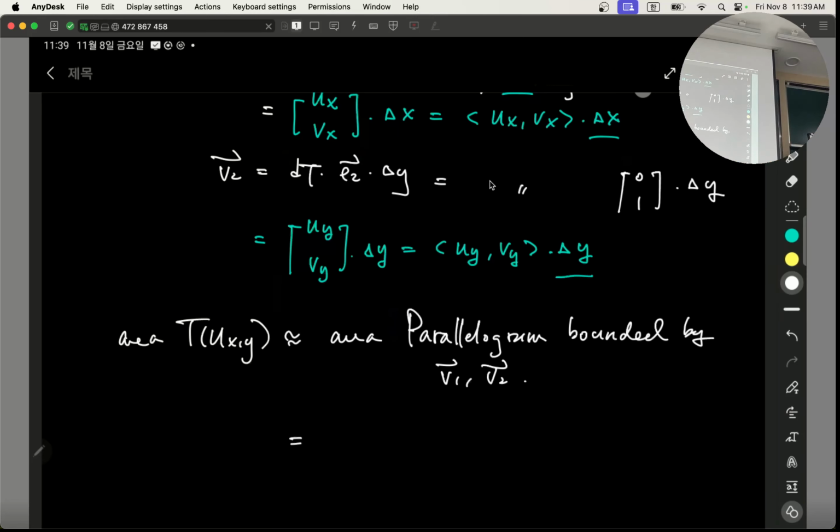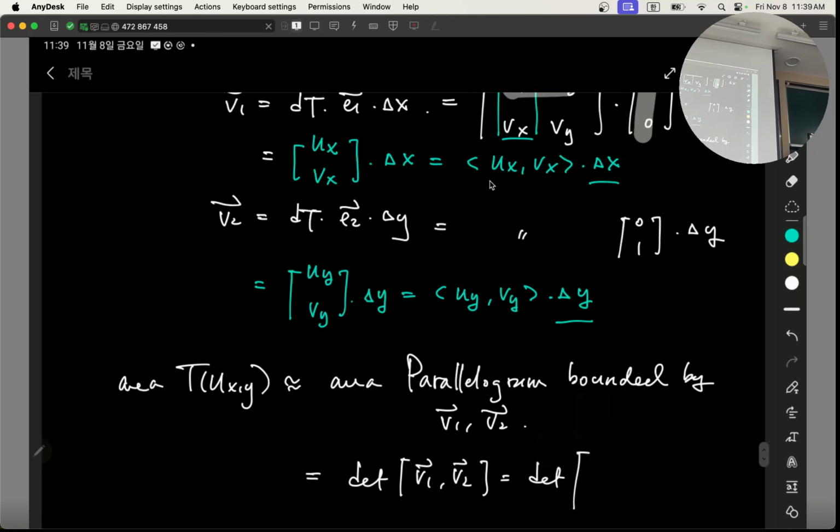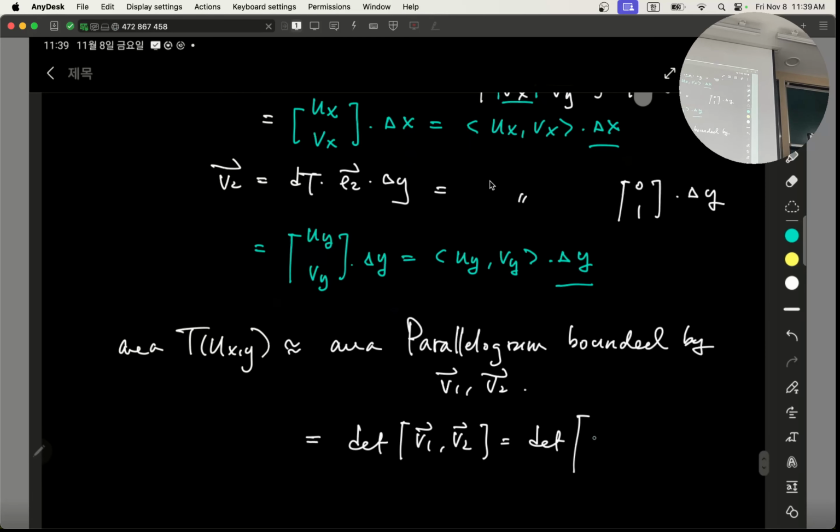So this is equal to the determinant of V1, V2, which is what? Since V1 and V2 are the first column and second column of the differential, multiplied by delta x and delta y, this is ux, vx times delta x, and this one is uy, vy times delta y.